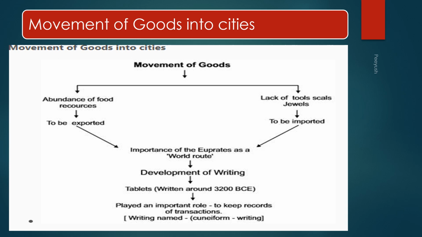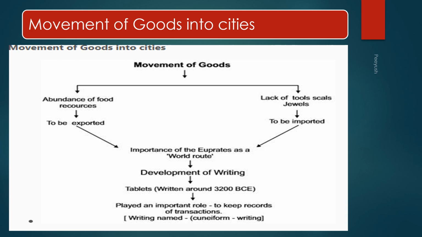Now let's understand the movement of goods into cities through this flowchart and mind map. Movement of goods, as we already discussed: there was abundance of food resources, an agriculture-based Mesopotamian civilization, and it lacked minerals, tools and jewels. These products were imported, and agricultural products and textiles were exported.